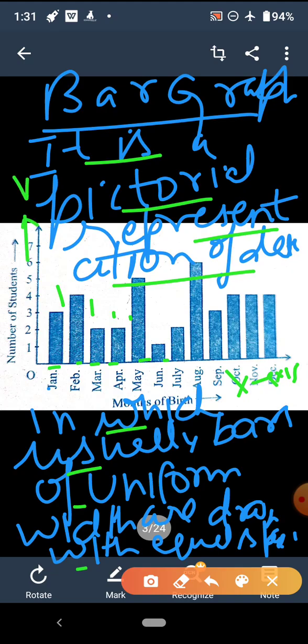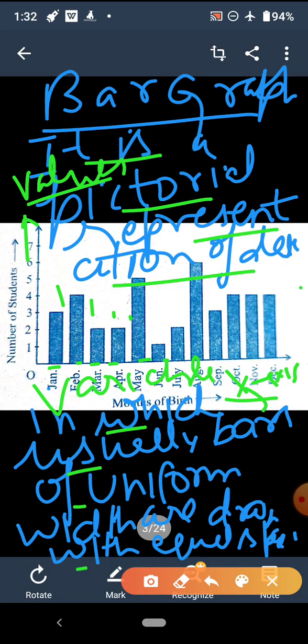Here we will show the variable, and here we will show the values. On the x-axis we will show the variable, on the y-axis we will show the values, and the heights will depend upon the values. I am repeating: a bar graph is a pictorial representation of the data in which usually bars of uniform width are drawn with equal spacing between them on one axis, depicting the variable.